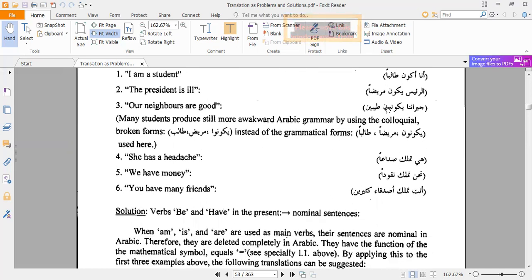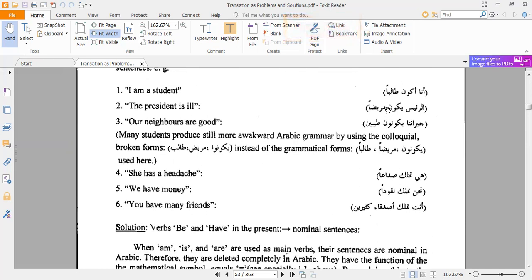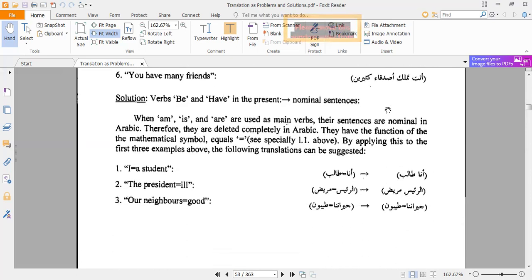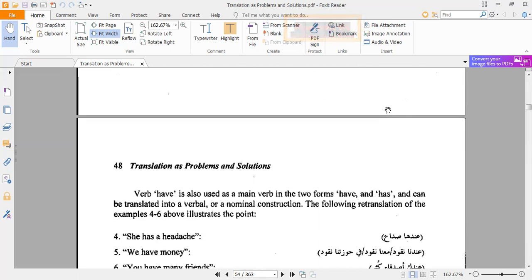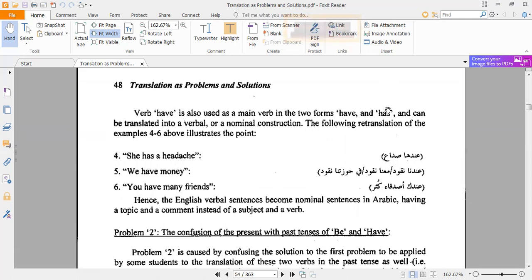Okay. لأن أنا بحذف في ال present simple verb to be و verb to have، بحولهم من verbal sentences بترجمهم ل nominal sentences in Arabic، لأن أنا بحذف ال verb to be وال verb to have في حالة ال present simple. وبالتالي أنا بحكي أنا طالب، ما بحكي أنا أكون طالب. فأنا حذفت am، ما ترجمتهاش، فتحولت الجملة أنا طالب لجملة اسمية nominal sentence. Okay. The same with verb to have.